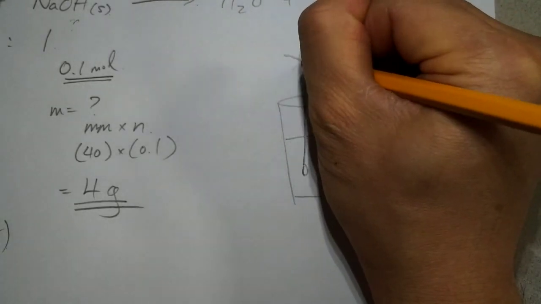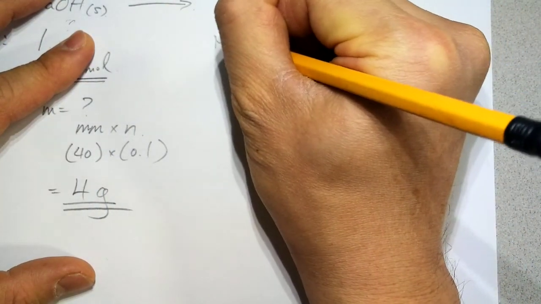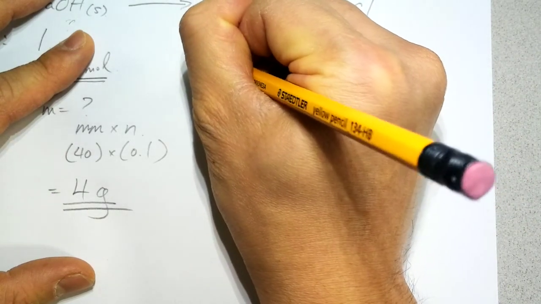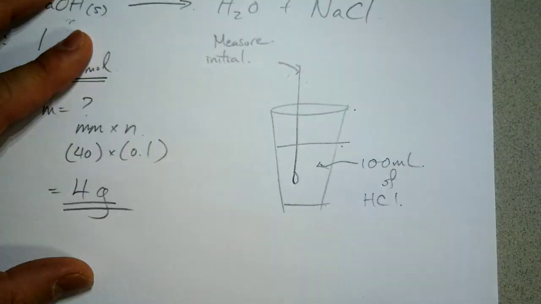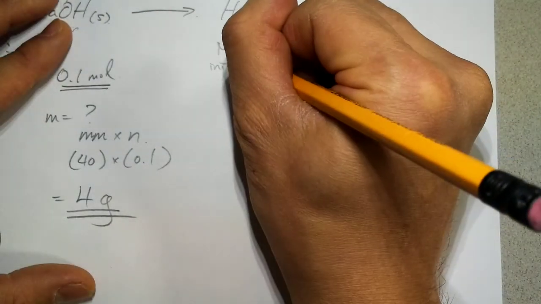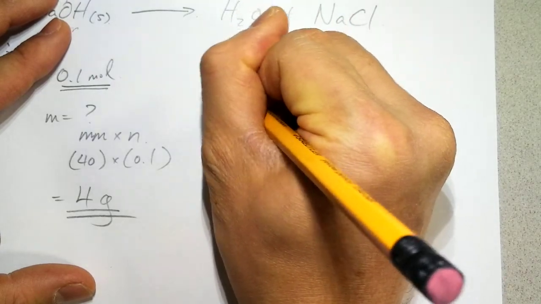You're going to put a thermometer in there and measure the initial temperature. Rather than saying before and after, it sounds a lot better if you say initial and final temperature.